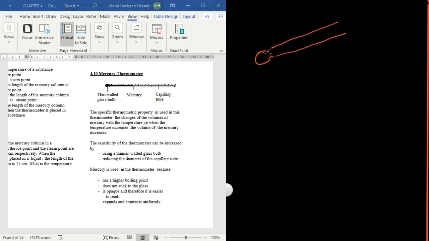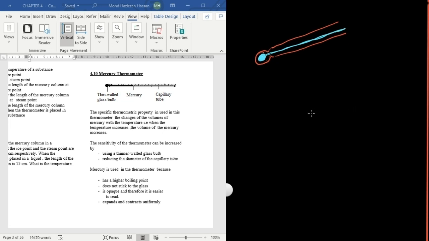Later we will know why it is made of thin wall glass. Inside there is mercury. We have mercury inside this bulb, and it attaches to the stem of the thermometer. This we call the capillary tube. The stem of the thermometer, we call it the capillary tube.